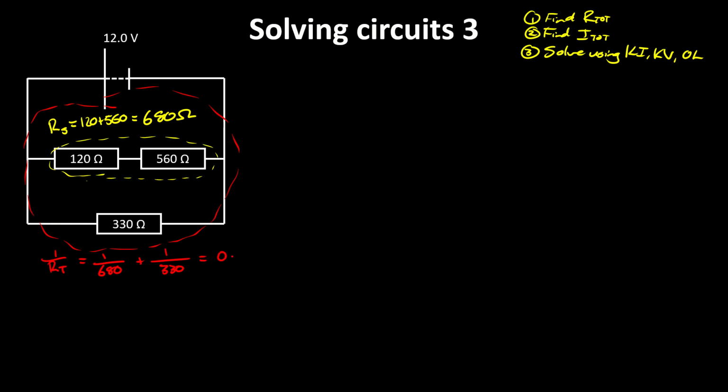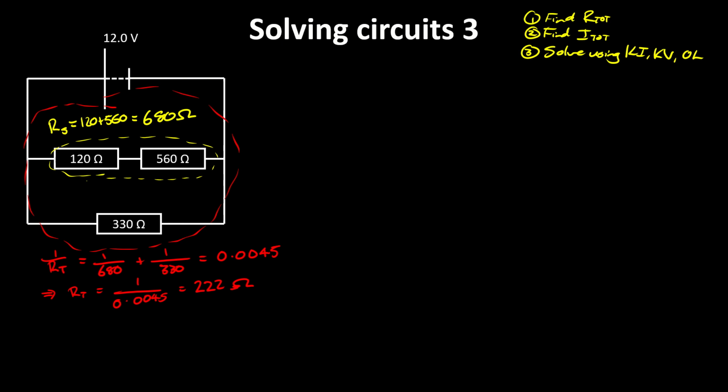Is 0.0045. So the total resistance is going to be 1 over that, 0.0045 is 222 ohms. Round it off a little bit. Okay, so that's the total resistance of the circuit.